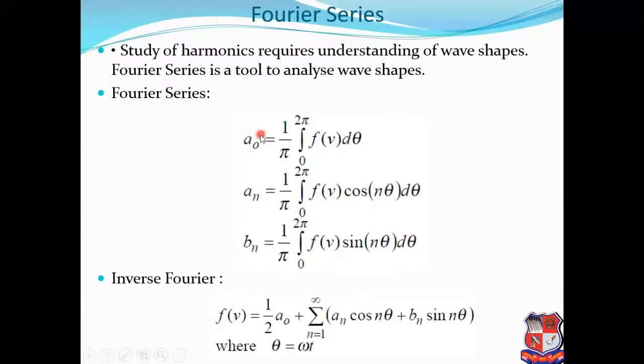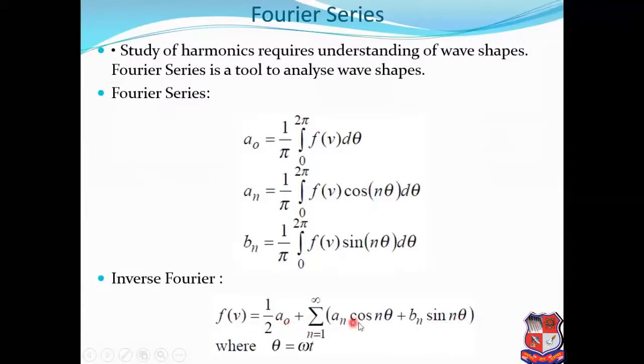So the Fourier series of any function, suppose we take the voltage waveform, is f of v equals a0 by 2 plus sigma n equal to 1 to infinity of an cos n theta plus bn sin n theta, where theta is n omega t.